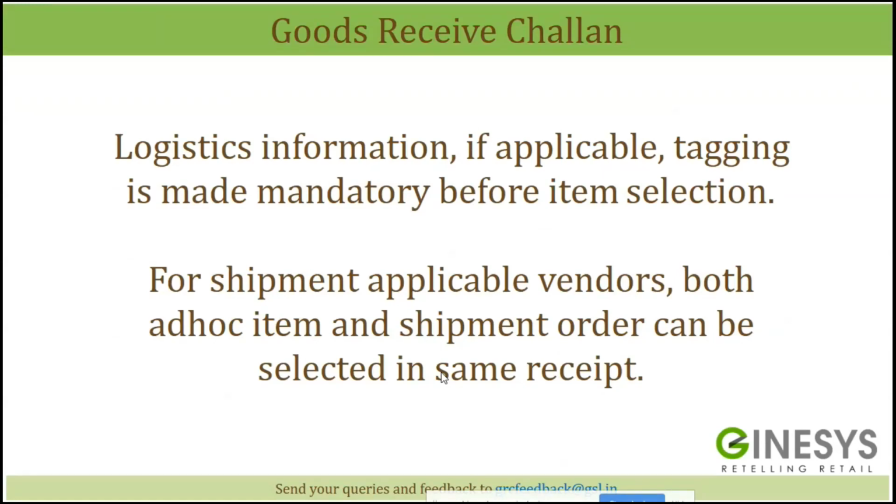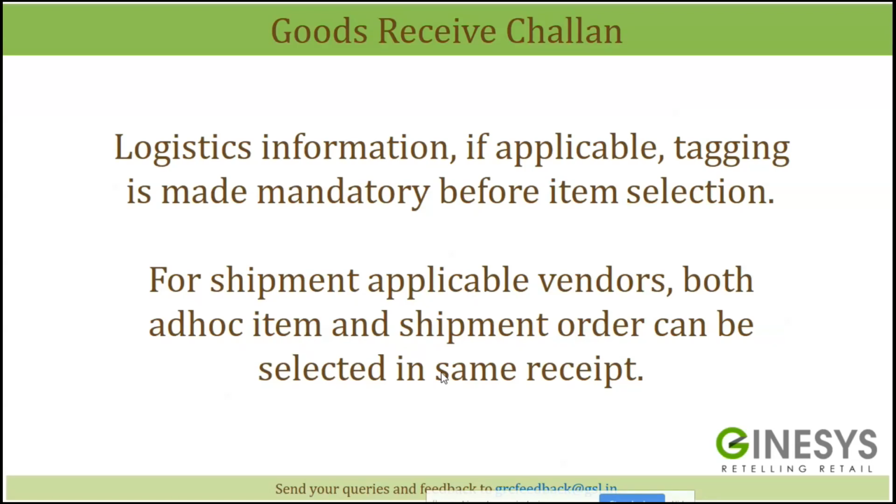Another important change with respect to logistic is for the users who are using the shipment applicable process, that is, vendors for whom shipment applicable is marked as tick in the respective master. As of now, in the desktop application, only orders which have been dispatched for that respective logistics can be received in the single challan.